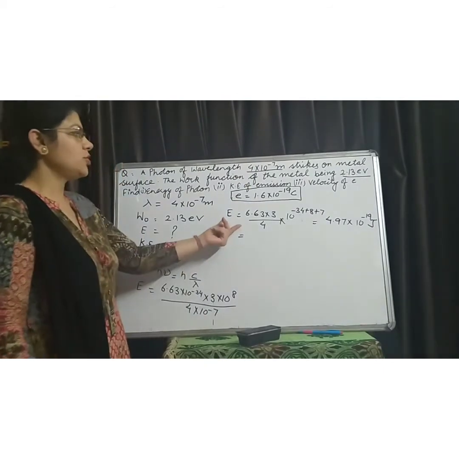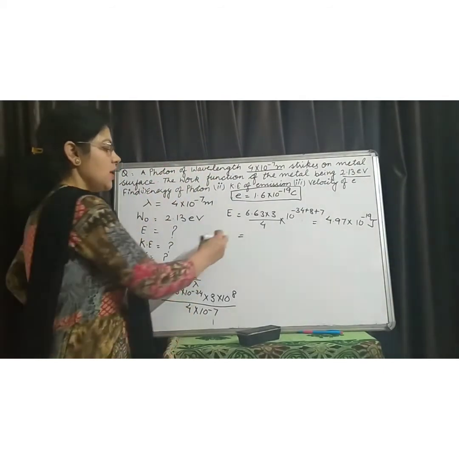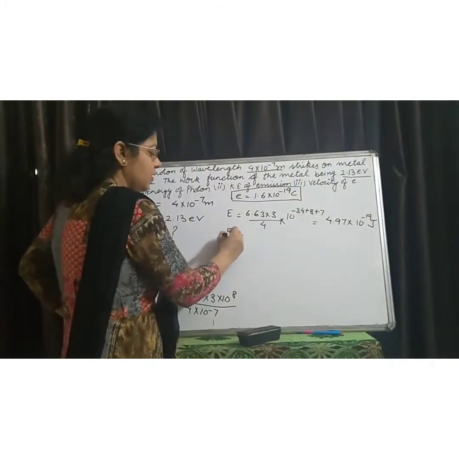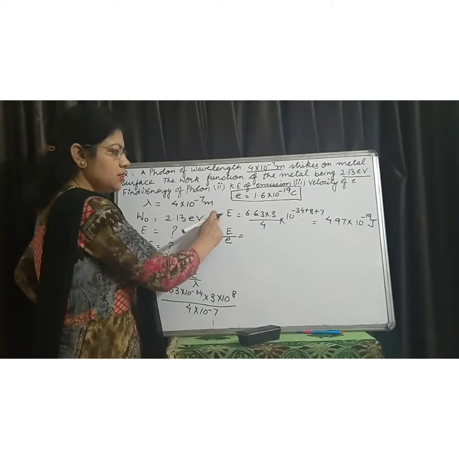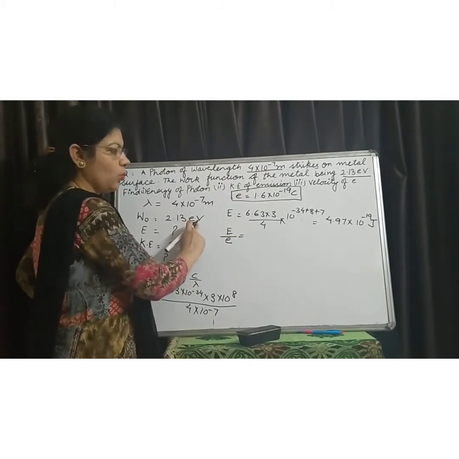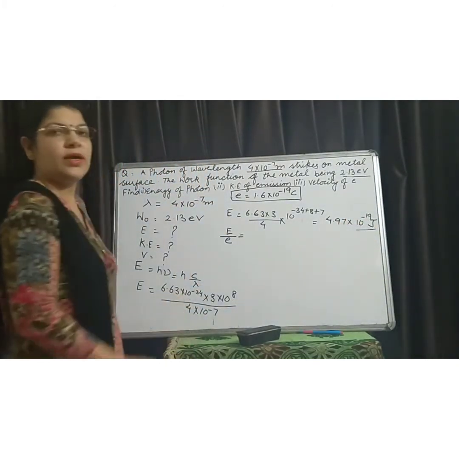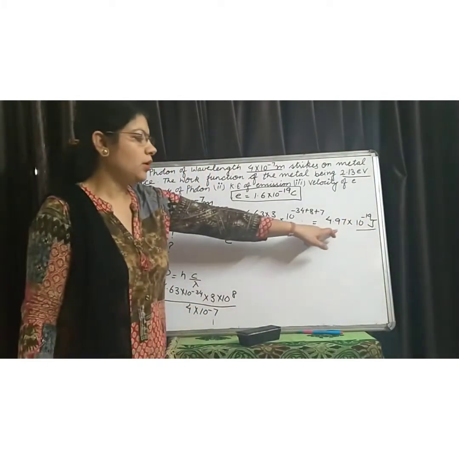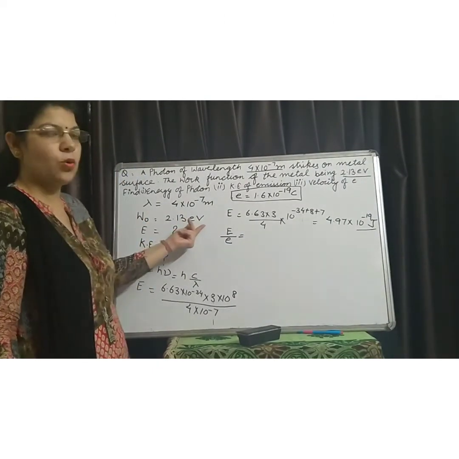This is the energy of the photon that strikes the metal surface. When we divide this energy by the charge on the electron, we get this energy in the unit of electron volt, as this is in joule. First of all, we have to convert this joule into electron volt because the work function is given in electron volt.